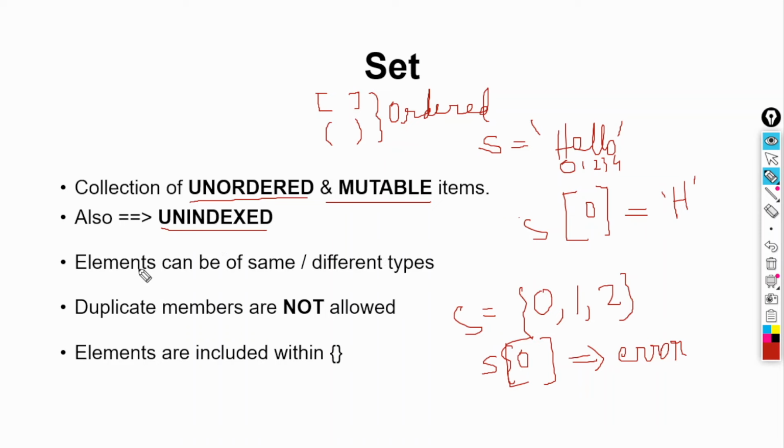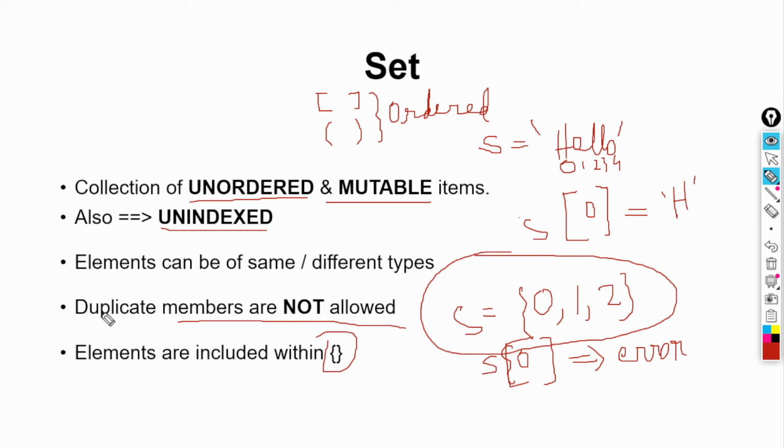Elements can be of the same or different types. Duplicate members are not allowed. And these are included within curly brackets. So all these are parts of a set.